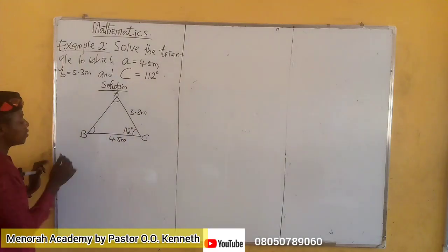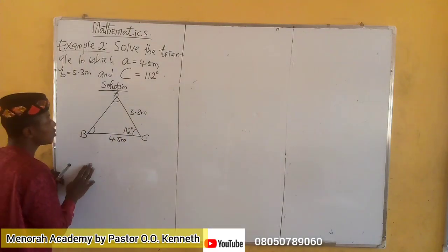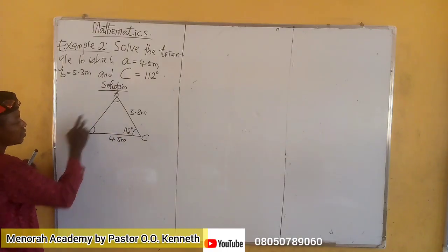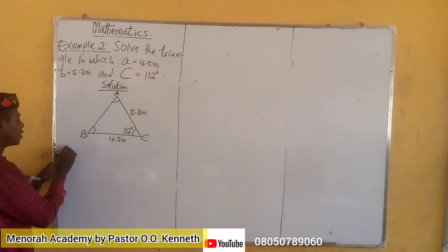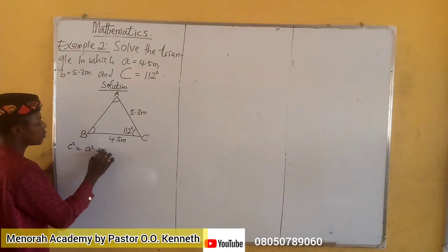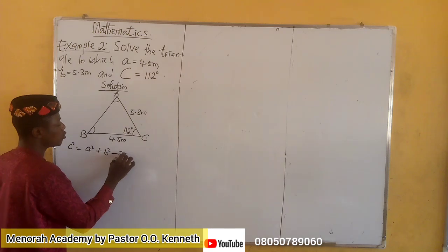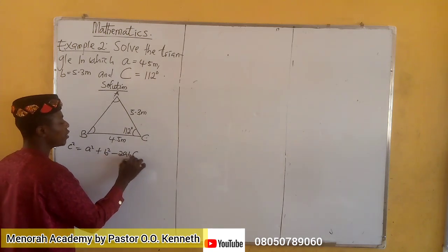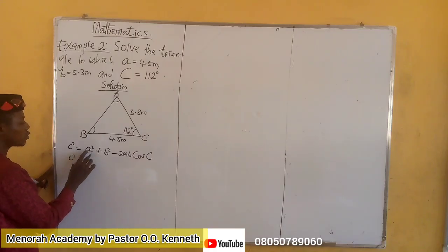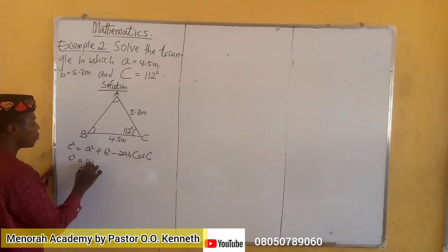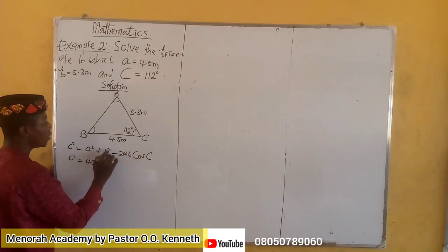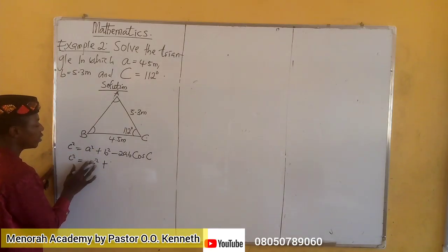Yes, our C is the side we have to find. So now the next thing we are going to find is side C, and to find our side C, small c squared equals A squared plus B squared, then minus 2AB, then cos capital letter C. So our c squared will be equal to our A squared, which is 4.5 squared, then plus B squared.